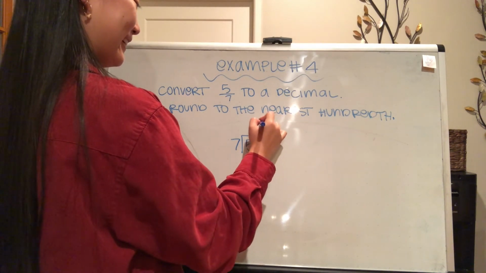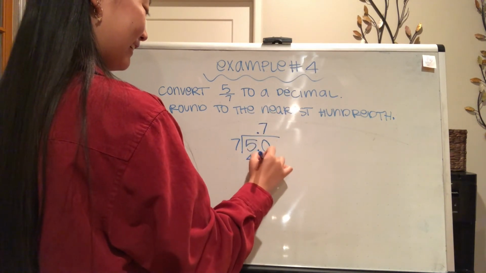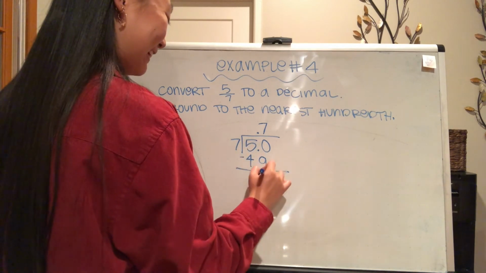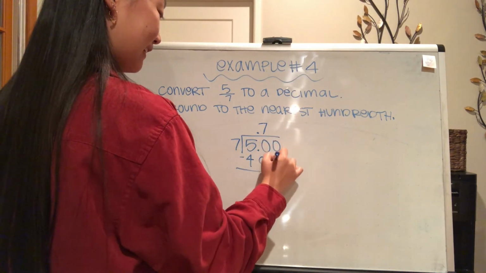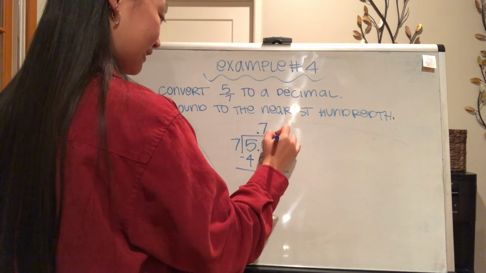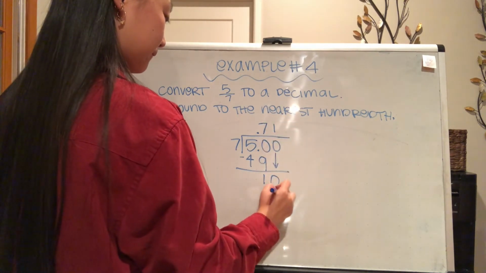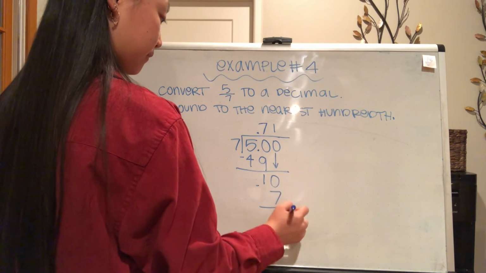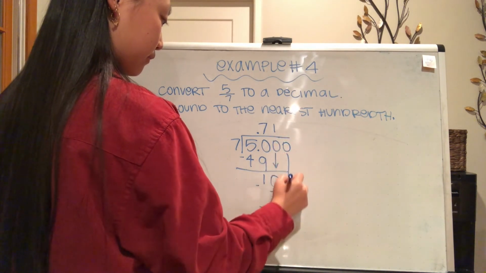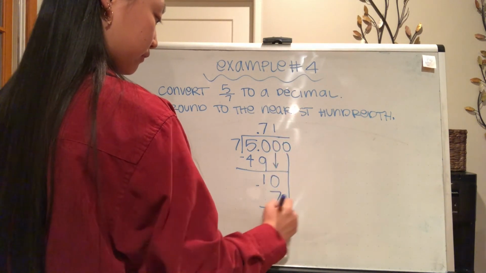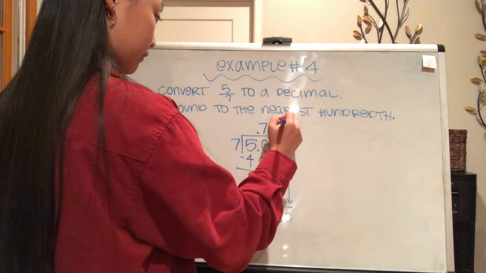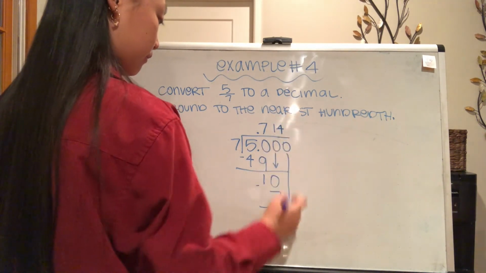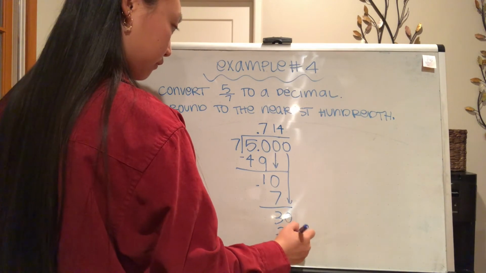And so 7 does go into 50 7 times, and that's 49. Then you subtract, and that gets 1, and you bring down another 0. 7 goes into 10 once, and when you subtract, you get 3. But 7 doesn't go into 3, so you bring another 0 down. 7 goes into 30 4 times, and you end up with 28.